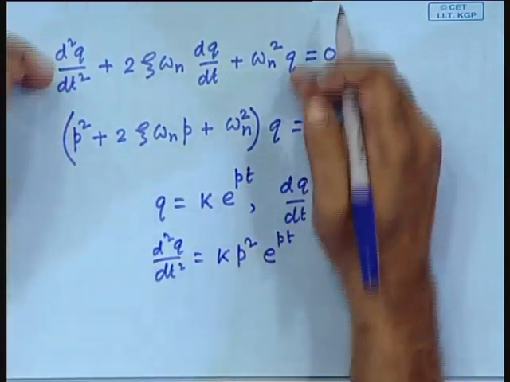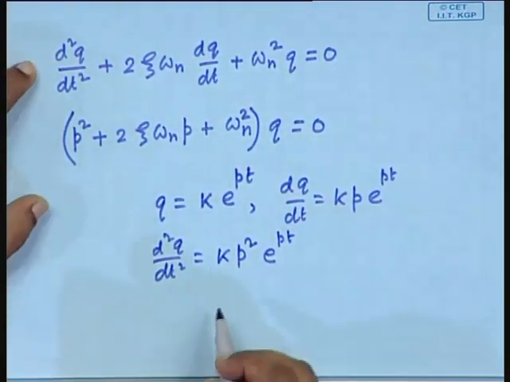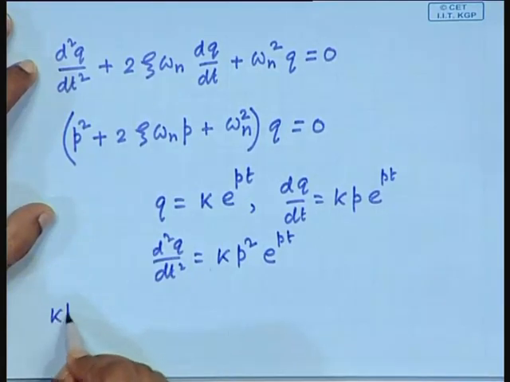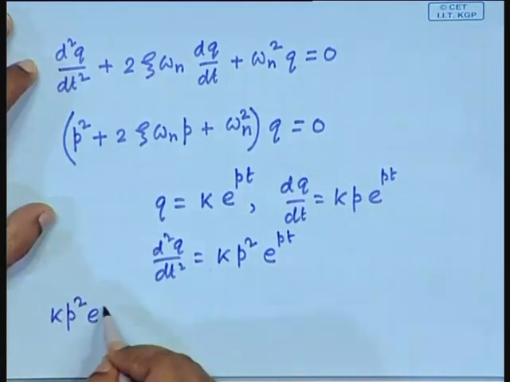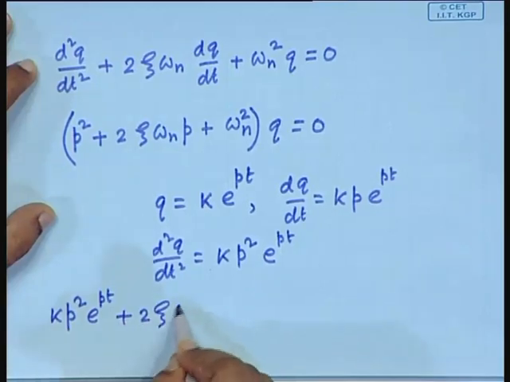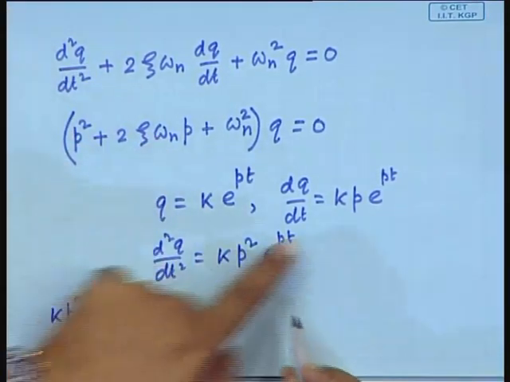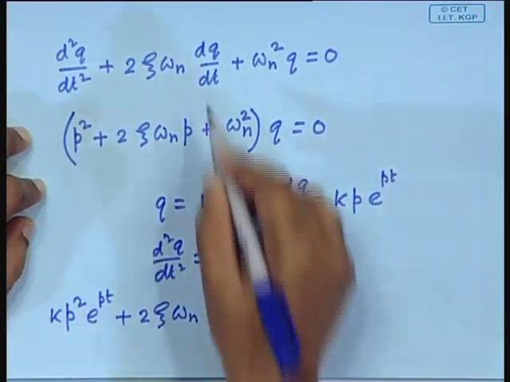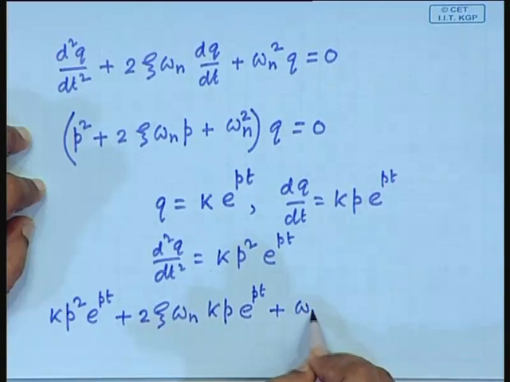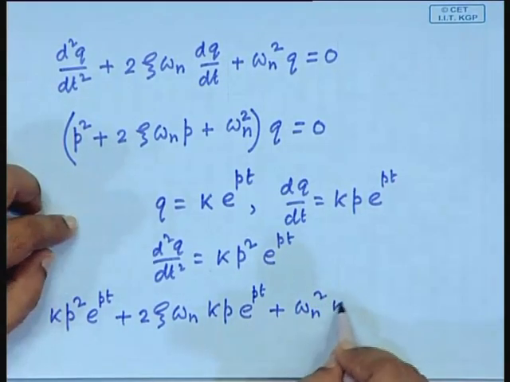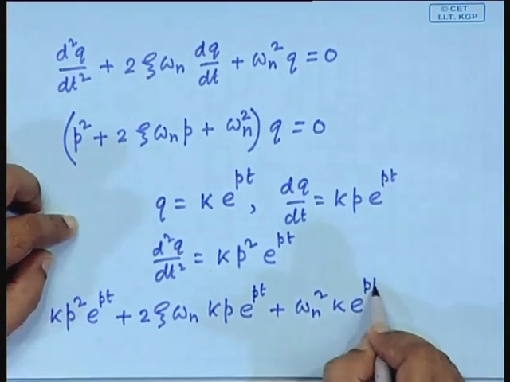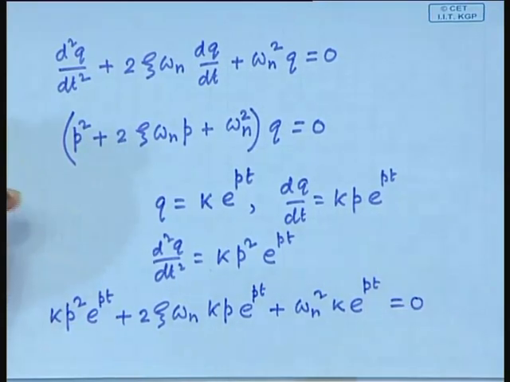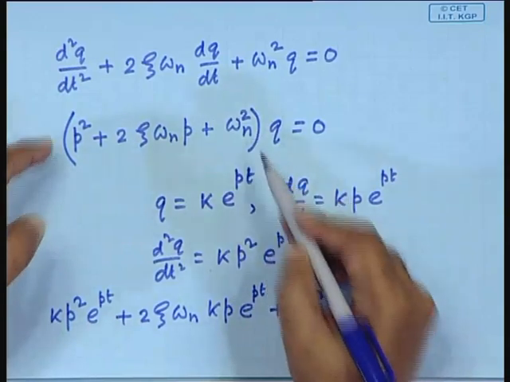So, if you substitute it here, then you have k p square e to the power p t plus twice zeta omega n k p e to the power p t plus omega n square k e to the power p t is equal to 0. You would immediately notice that this yields this equation.